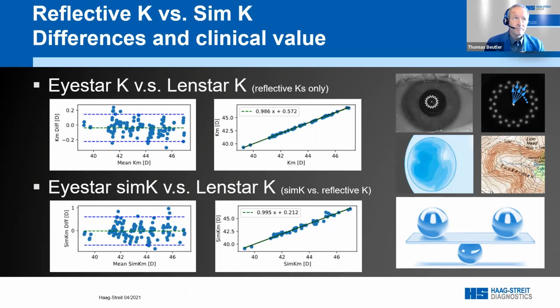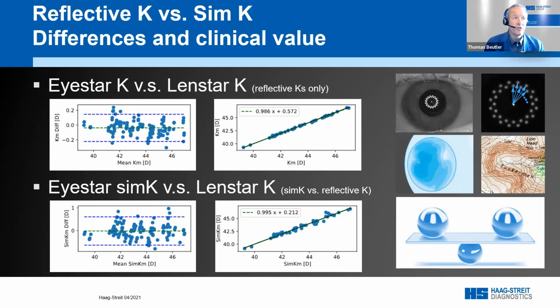We have a correlation which is almost perfect. And we also see from the Bland-Altman plot that the individual differences are rather small. So everything is within 0.2 diopters. If we look at the same comparison, the Eyestar simulated K versus the Lenstar keratometry, we again see that on average they match well.